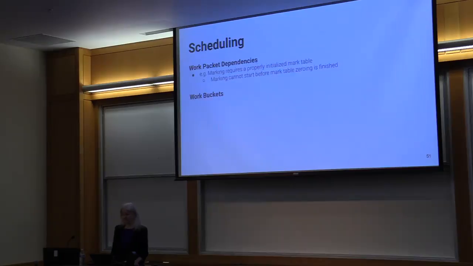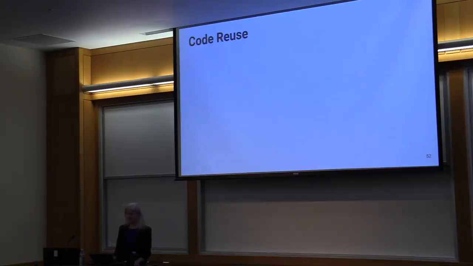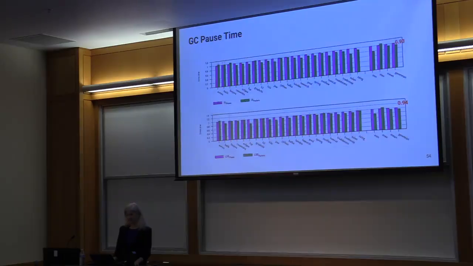So the evaluation, actually, this is, the IX is just the base IMIX, stop the world IMIX, and LXR, the bottom graph, is a concurrent collector and incremental with reference counting. And so these algorithms are in both.